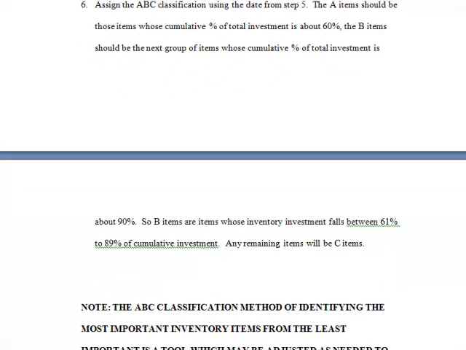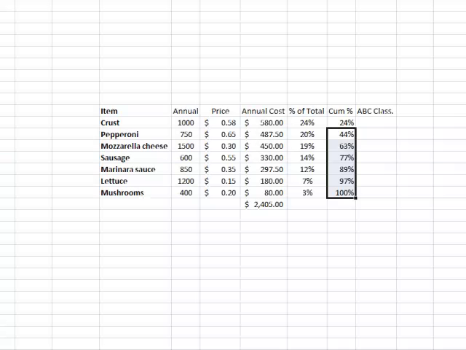The B items are those items that fall somewhere between 60 to maybe 90%, and then all the rest of the items by definition will be the C items. So let's go ahead and do that.